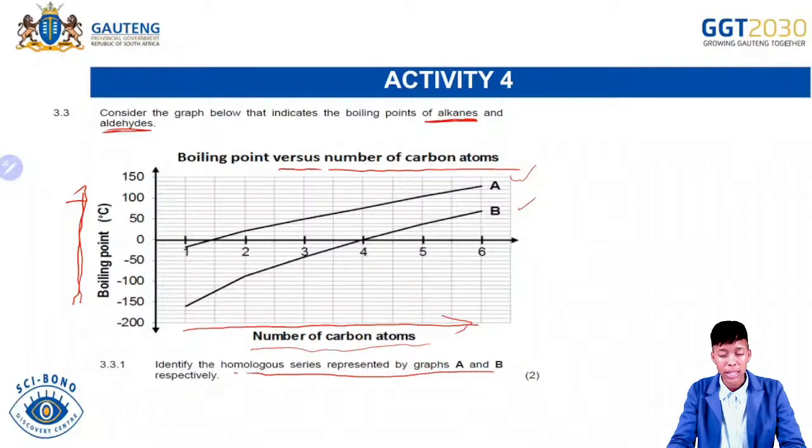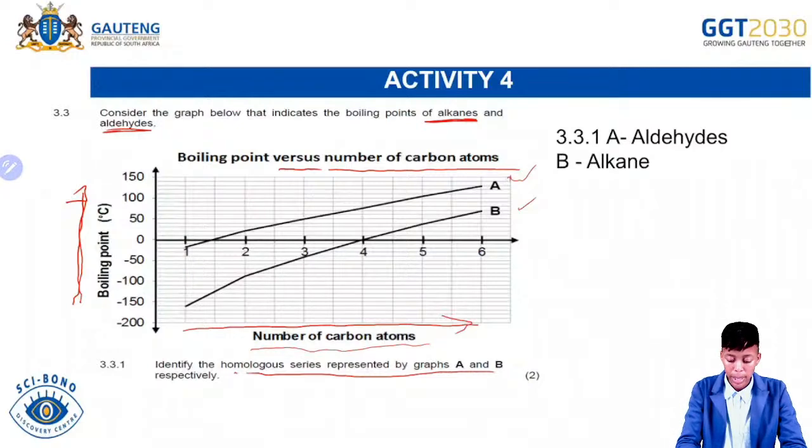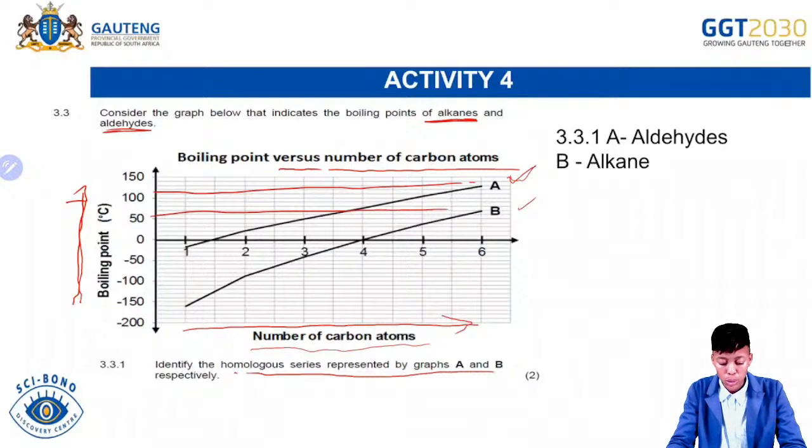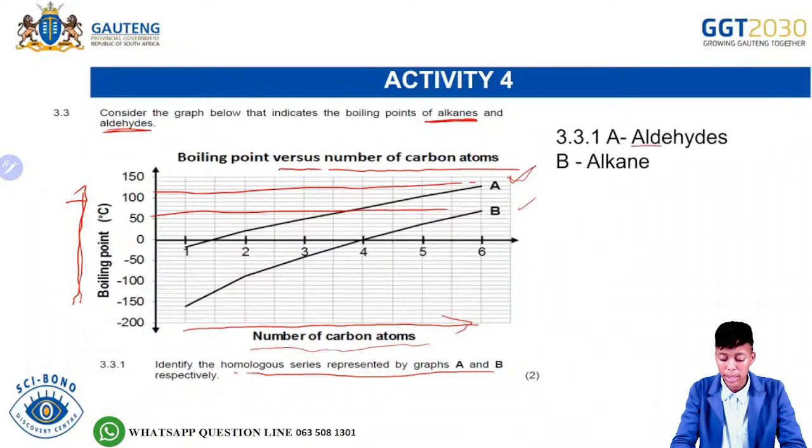The one that has stronger intermolecular forces must also have a higher boiling point. So letter A will have a higher boiling point as compared to letter B. So the one with the higher boiling point is therefore the aldehydes, followed by B, which is the alkanes. And we just explained that: aldehydes will be under dipole forces.